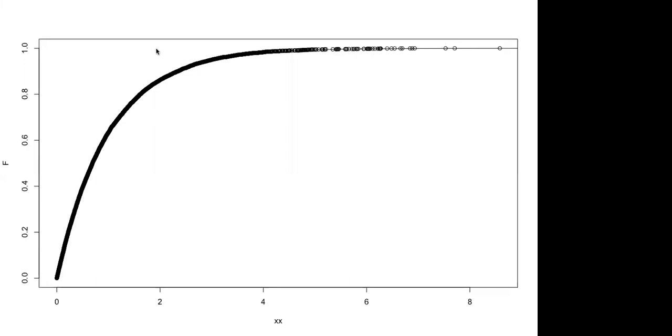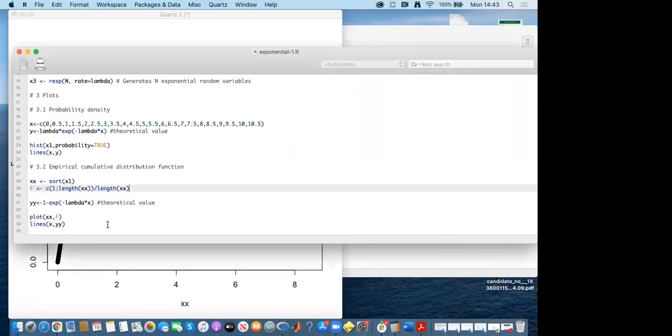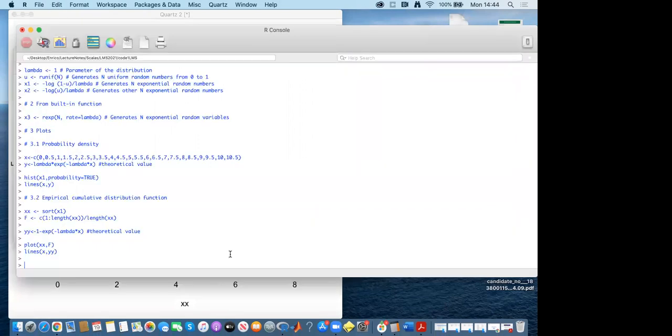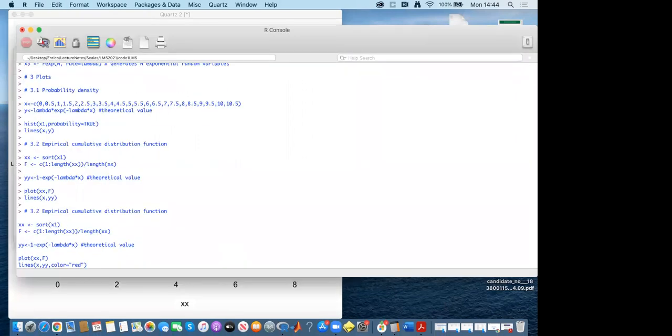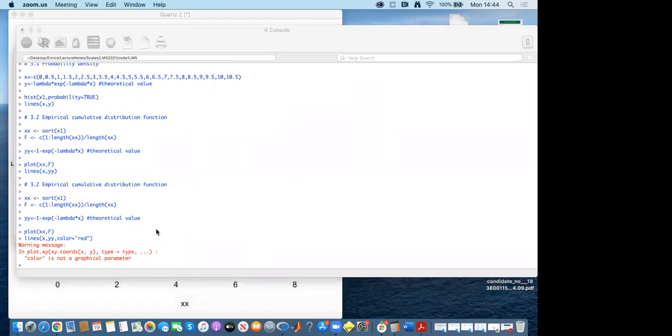Maybe again, as we did before, if I put the color equal to red, I should be able to see the theoretical values better. Maybe it's col and not color.